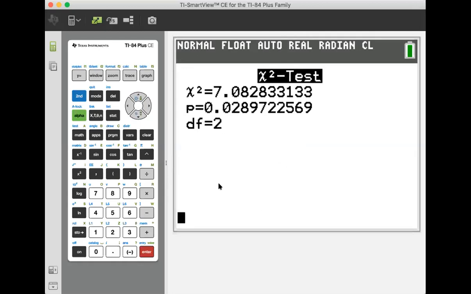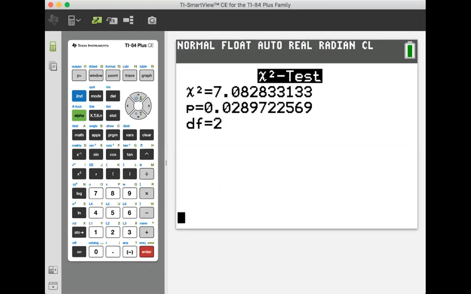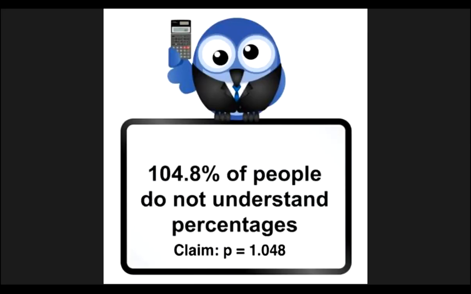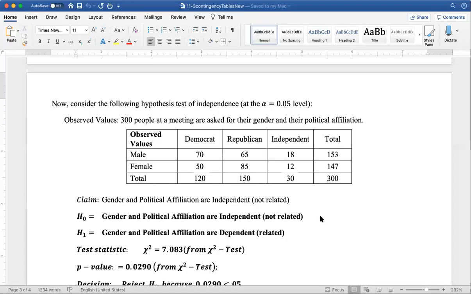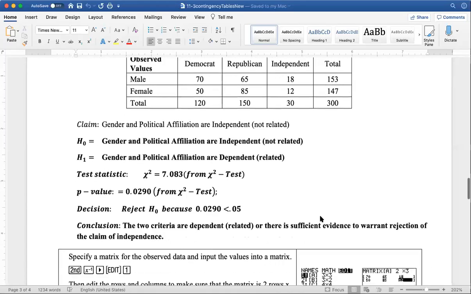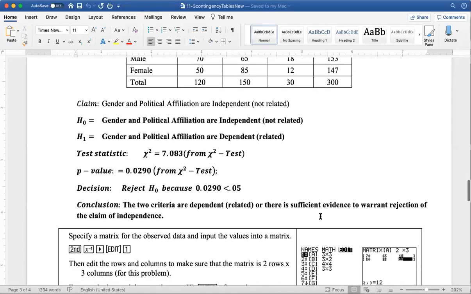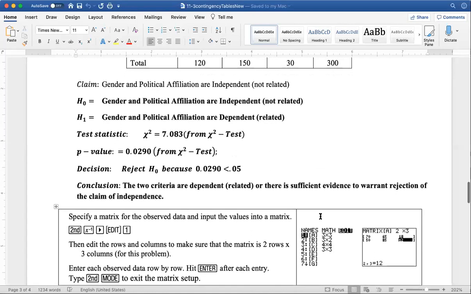I'm going to stop sharing and come back to the document. 7.083 for the test statistic, and the p-value is 0.0290.